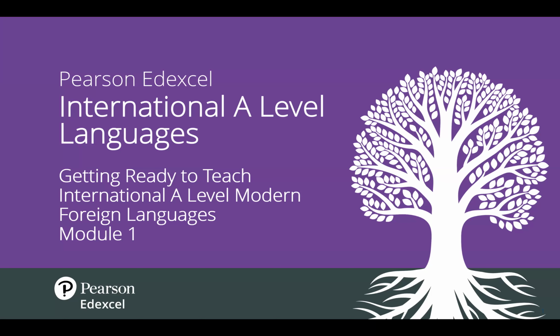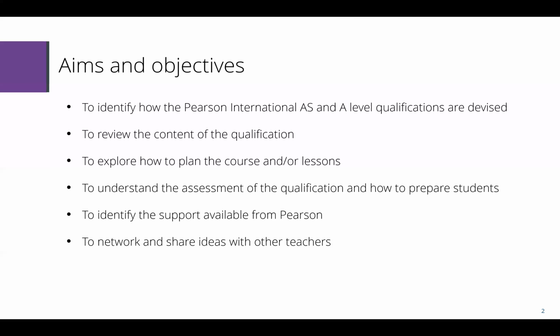This is module 1. There is module 2, which is on Thursday, I think, where we'll be looking at the same qualification, but from a slightly different angle. So the aim of today is to look at how the qualification is devised: what is the structure of the qualification and also the content.